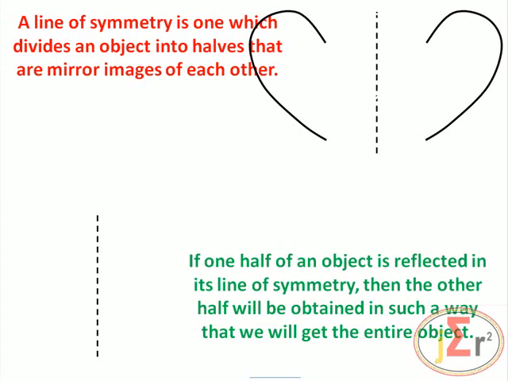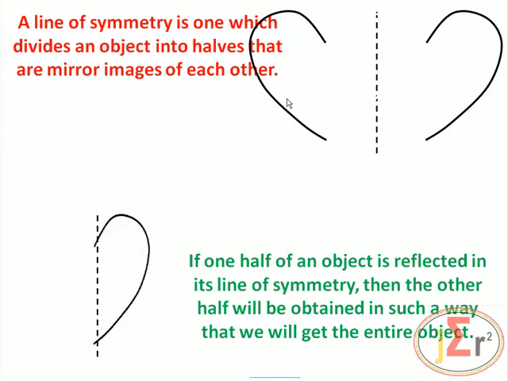So as long as it is symmetrical, as long as there's a line or axis of symmetry, if we reflect the object in that line of symmetry, the one half of that object, then the other half will be generated, and that will give us the entire object.